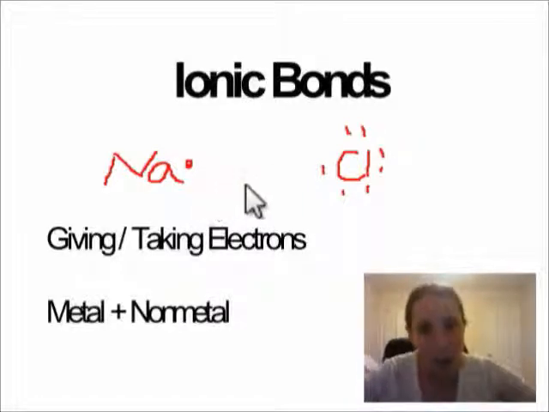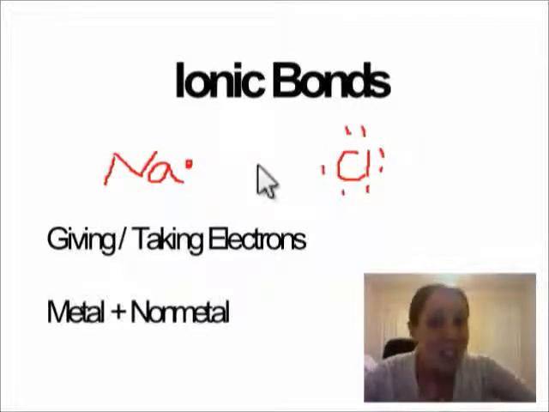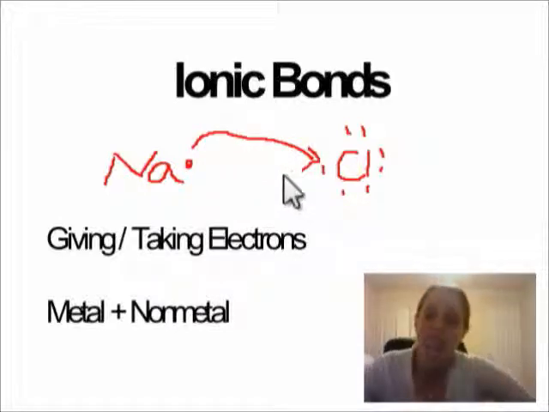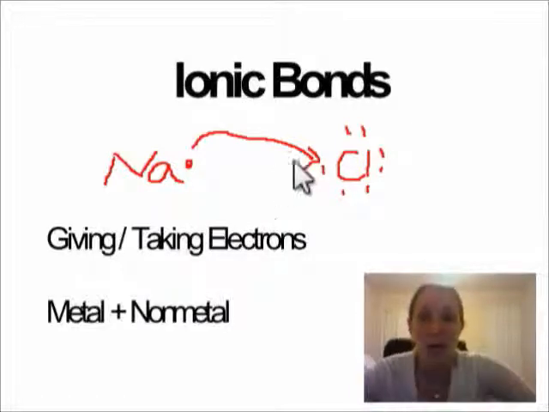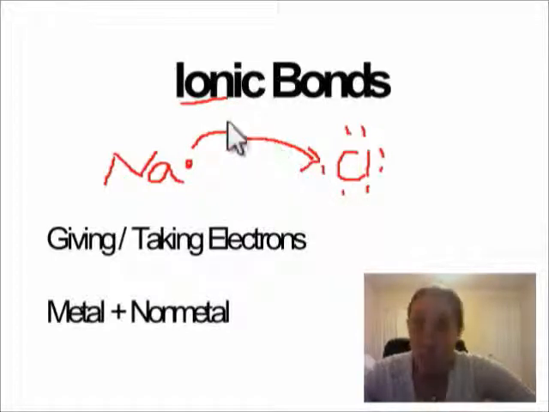And chlorine is sitting over here thinking, man, I have 7 electrons. If I could have just one more, I could have that magic 8 and be stable. So these guys are going to be great partners for one another. And what's going to happen is sodium is going to pass its electron over to chlorine. Now remember, when atoms gain or lose electrons, they become something called ions. They become charged atoms. So when sodium loses an electron, it now has more protons than electrons and becomes sodium plus 1.